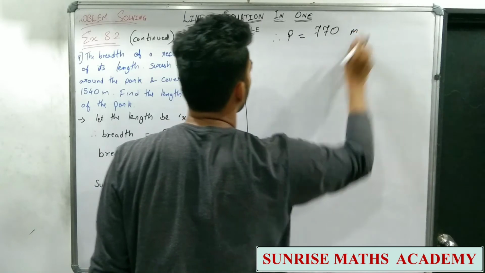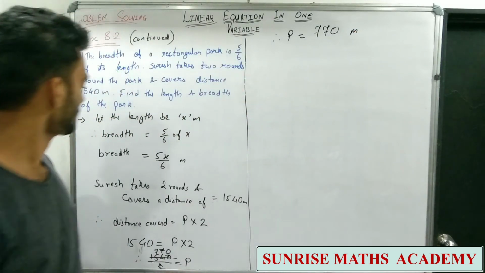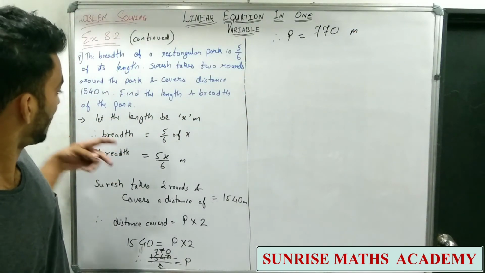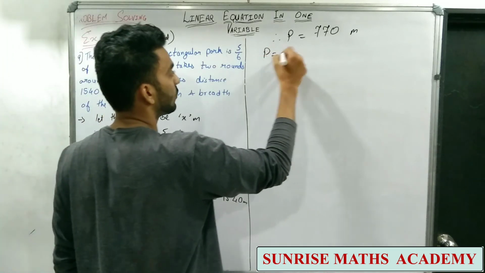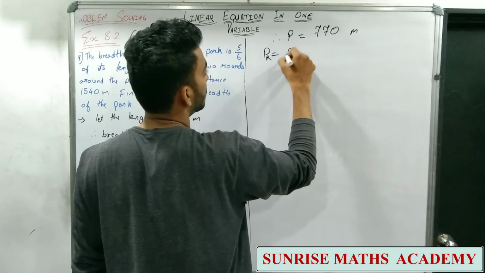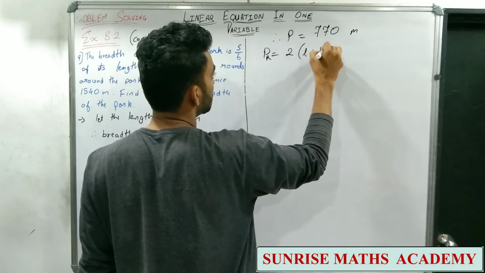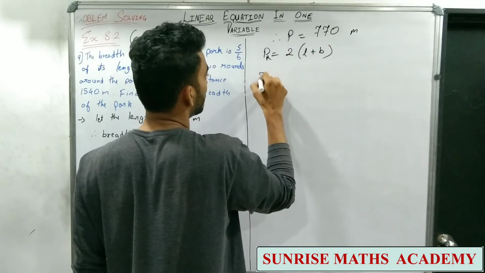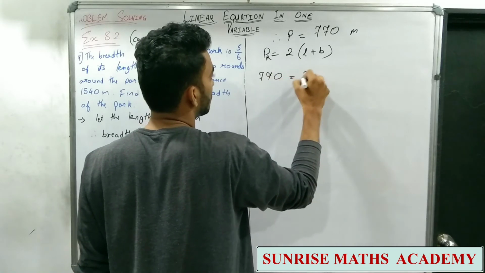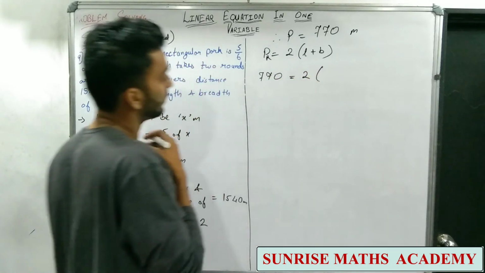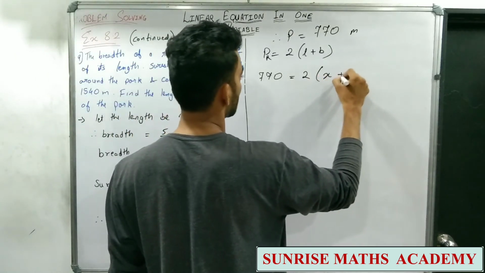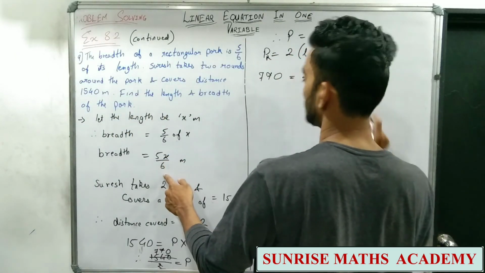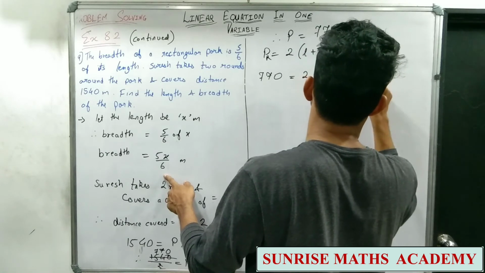Perimeter is 770 meter. Now we have got the perimeter, we have the length and breadth. Formula for perimeter of rectangle is 2 into (L plus B). Perimeter is 770 equals 2 into, and the length is x, breadth is 5x/6.